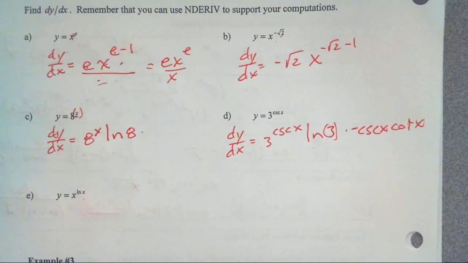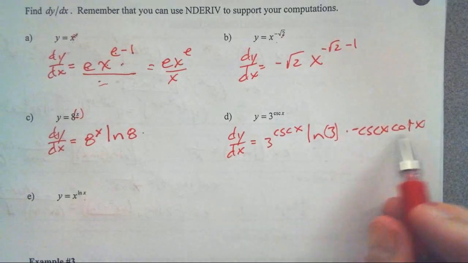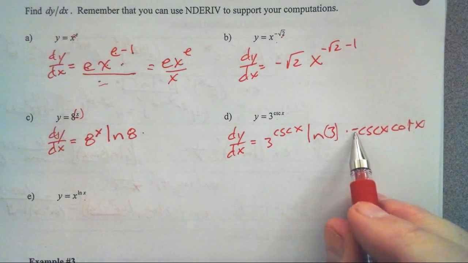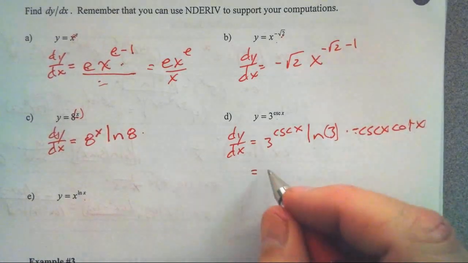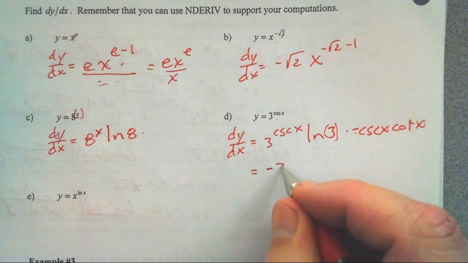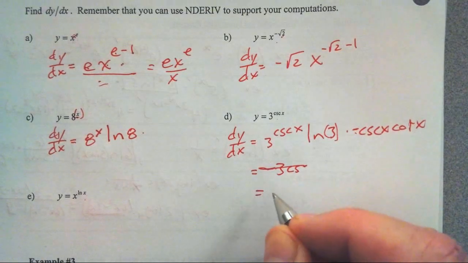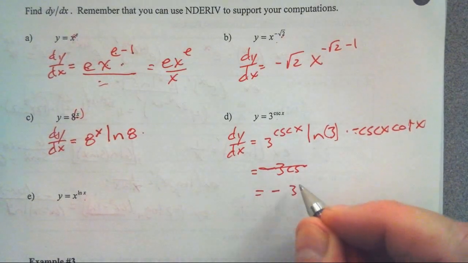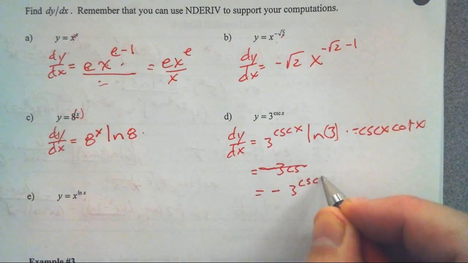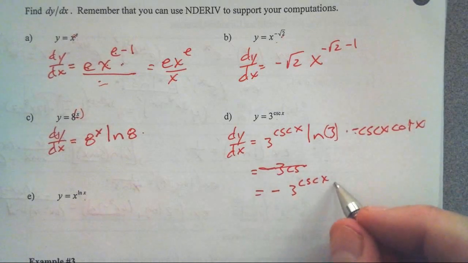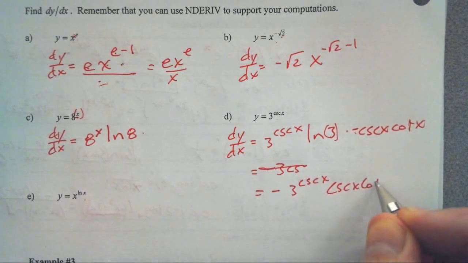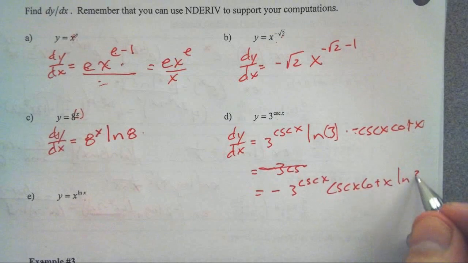So let's see what all we get here. I don't know if there's too much to simplify other than maybe we should put that negative out in front here. So maybe negative 3 to the cosecant x times cosecant x cotangent x times ln 3.